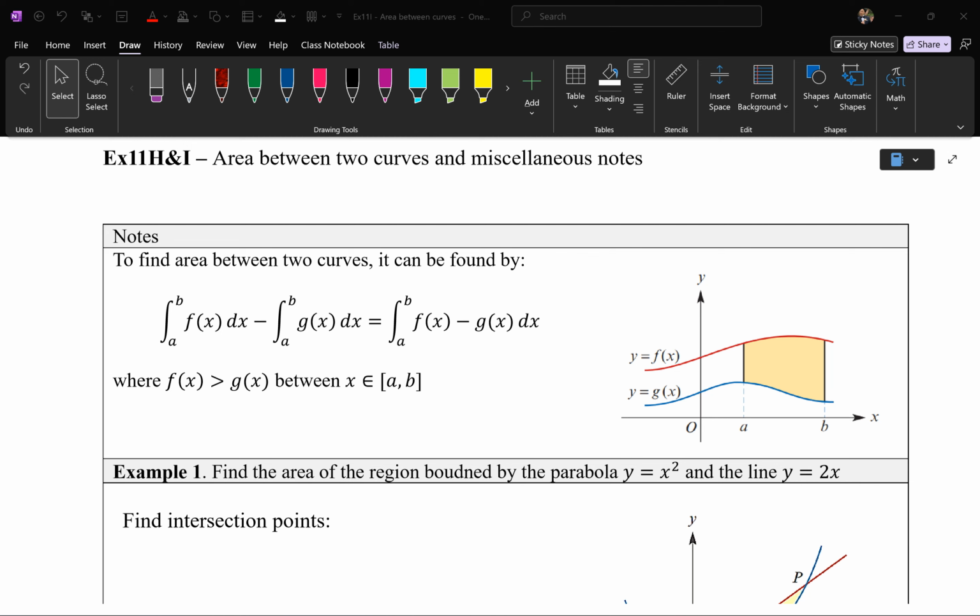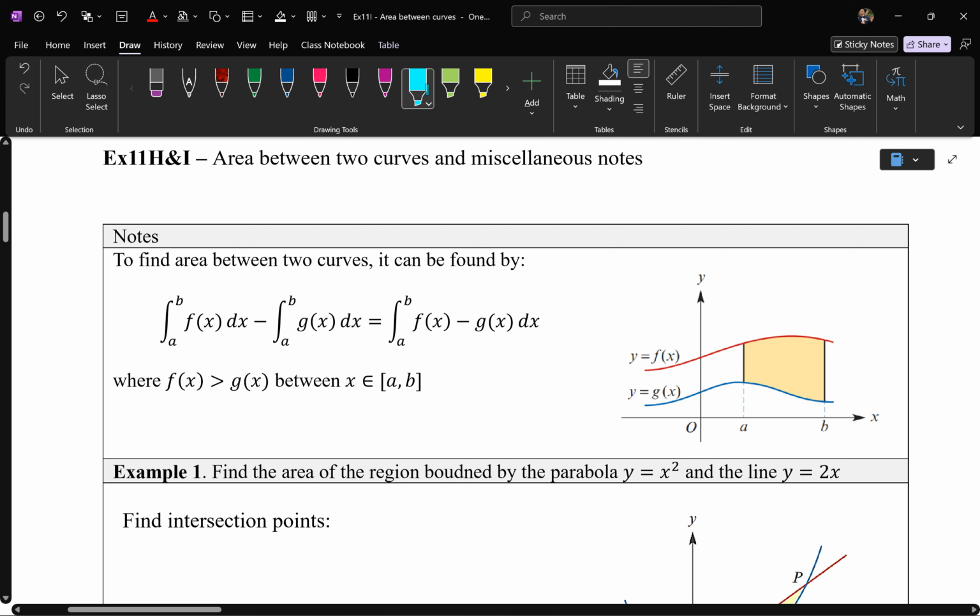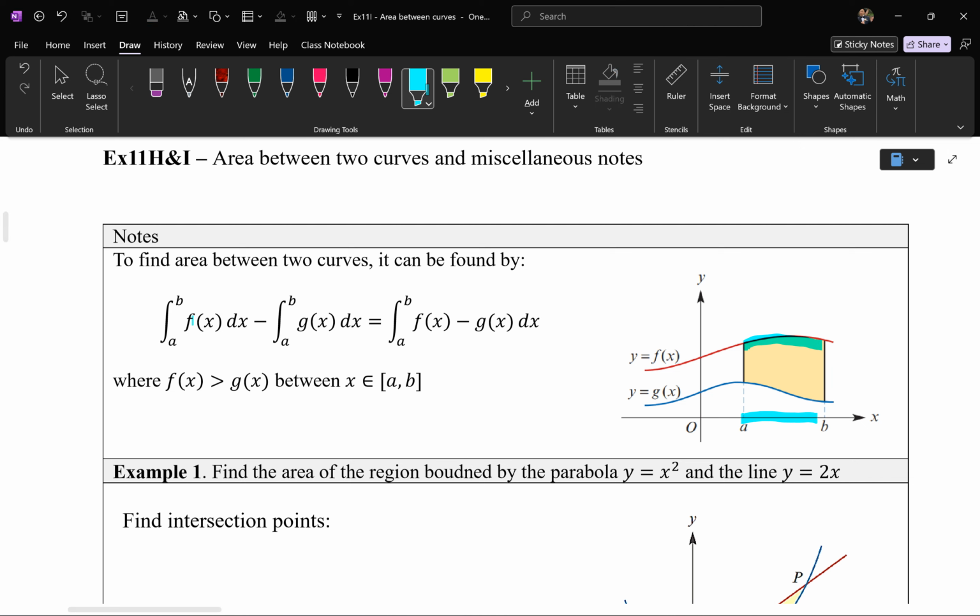What is it saying? They're saying the area between two curves is equal to f of x. In this particular diagram, it's the area of f of x take away the area of g of x within the same interval. The logic makes sense because the area of f of x between a and b is just that area. That's what the first line says.